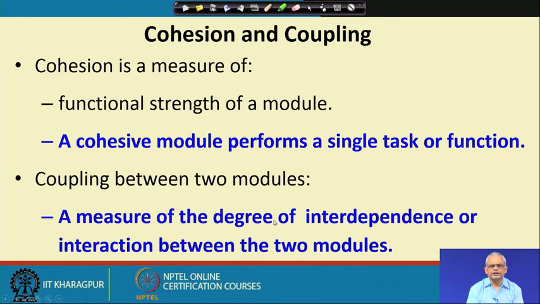If they exchange too many data items, call each other frequently, exchanging data items and so on, then they are highly coupled. But if they do not call each other, and there is no data exchange between two modules, we say that these two modules are independent. If that is the characteristic of almost every module, we say that there is independence, and similarly if they are cohesive, there is high cohesion and low coupling, then we say that this is a good design.